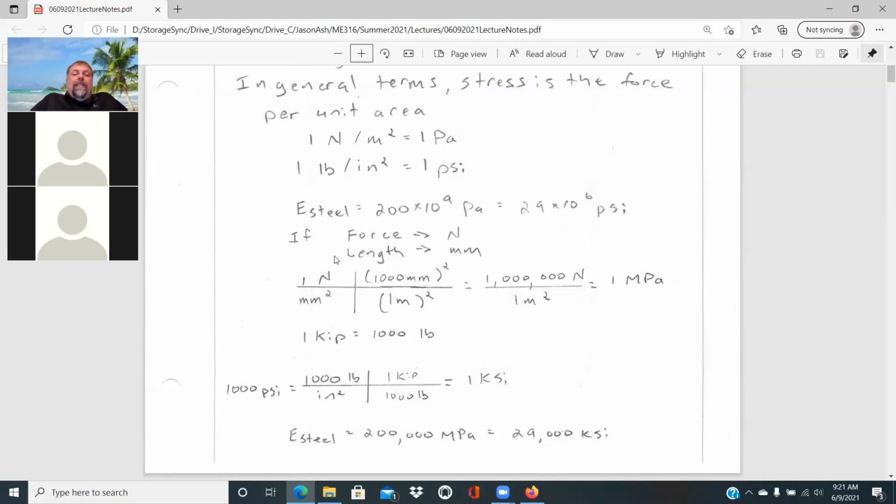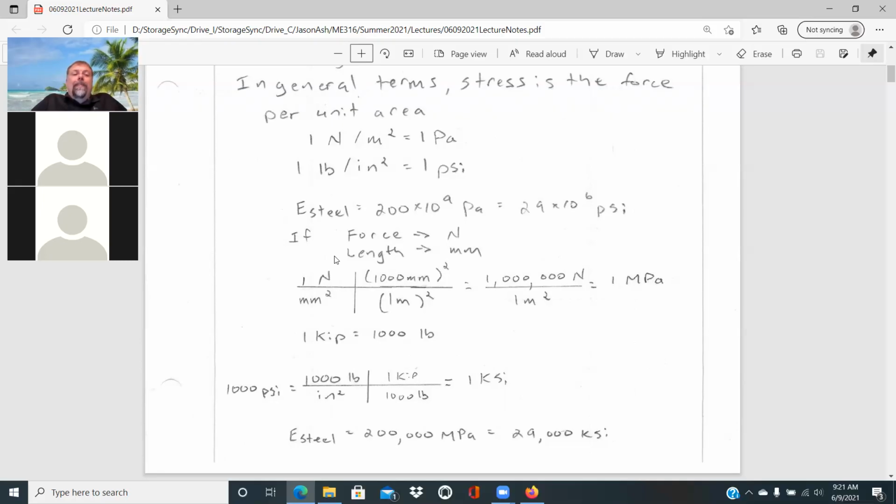Same thing, instead of having to deal with that 29 times 10 to the 6 PSI for the Young's modulus of steel, that would be 200,000 megapascals or 29,000 KSI. And so we're not having to deal with as many significant figures.